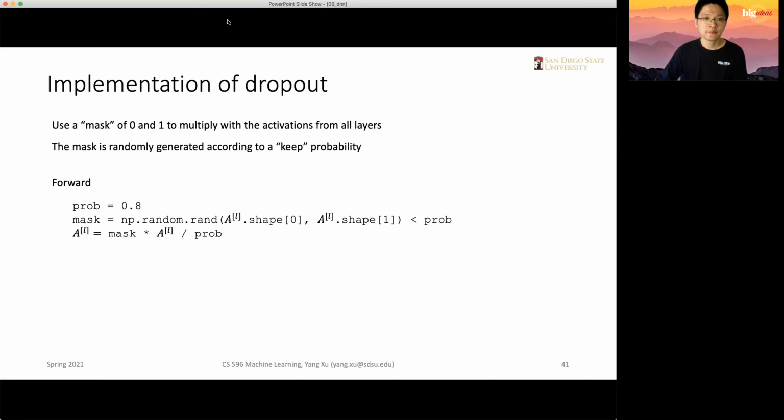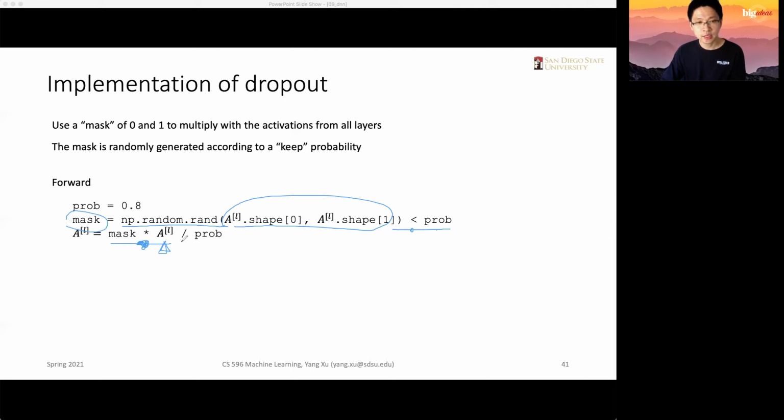We sample random numbers from the uniform distribution with such a shape and use logical comparison statements to produce a mask. This mask consists of Boolean values that correspond to 0 or 1s. Then we apply point-wise multiplication of the mask with the original activation.